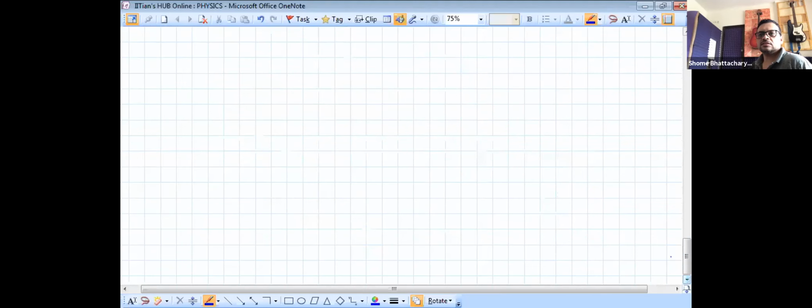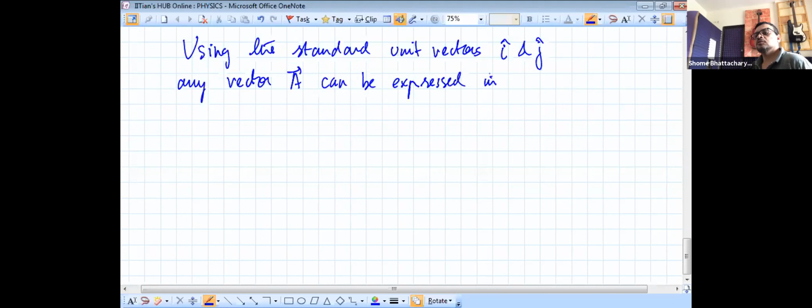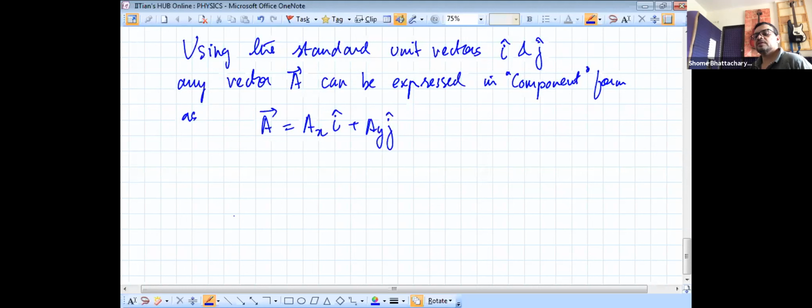Okay. Now the next thing we'll see here is now using the standard unit vectors i cap and j cap, any vector E can be expressed in component form as Ex i cap plus Ey j cap.